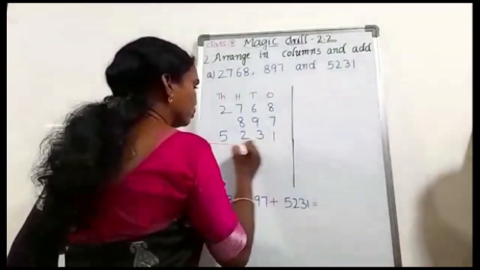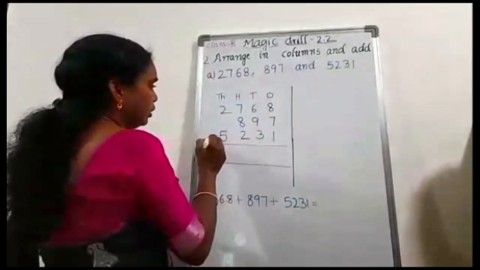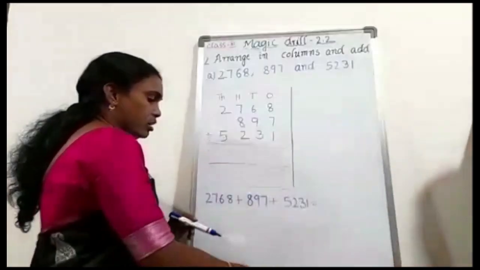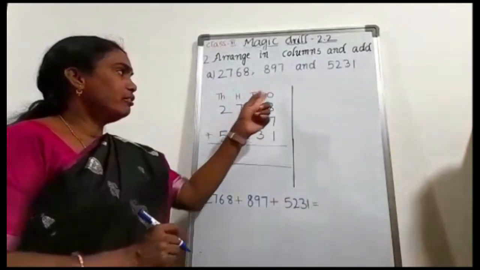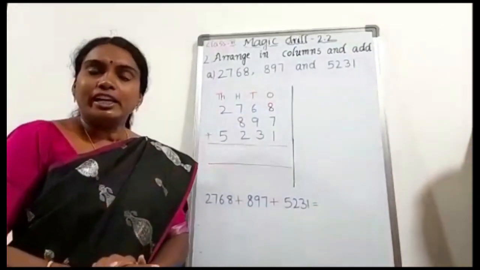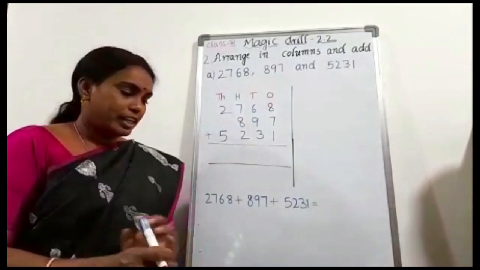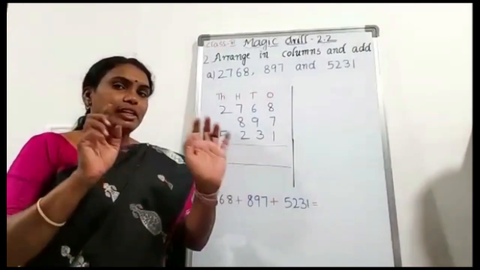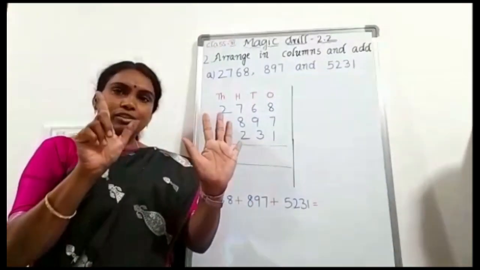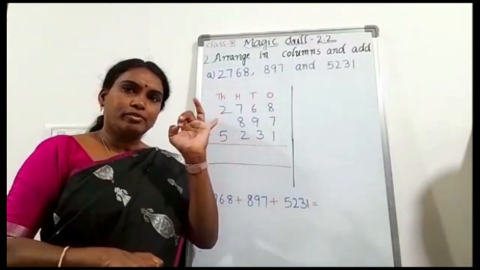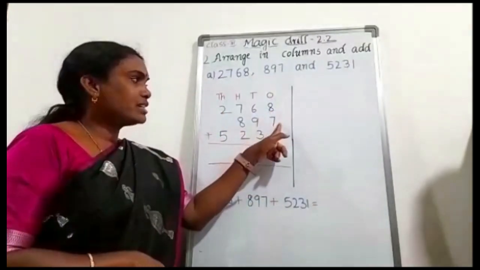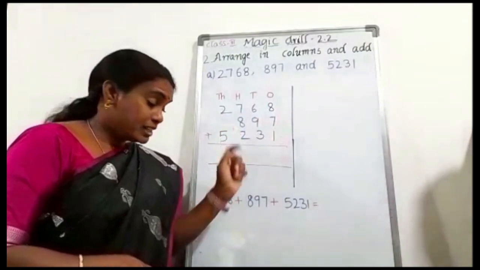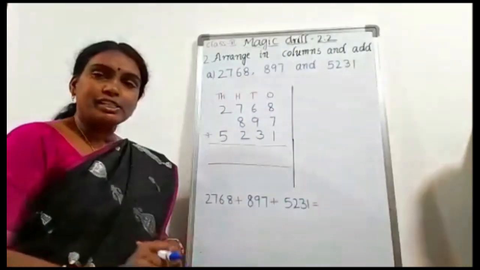Now we will add. Yes, children. First we add the ones column. In the ones column there are 8 ones plus 7 ones plus 1 one. 8 plus 7: 8 after 9, 10, 11, 12, 13, 14, 15. So 8 plus 7 is 15. 15 plus 1 is 16.